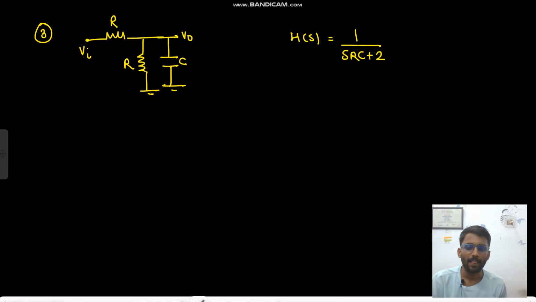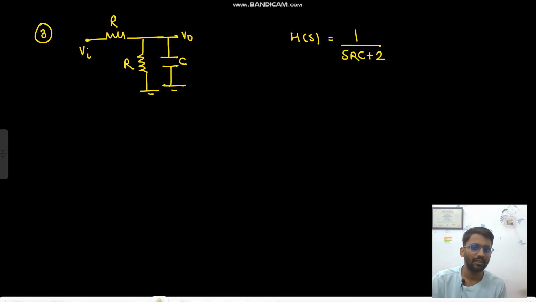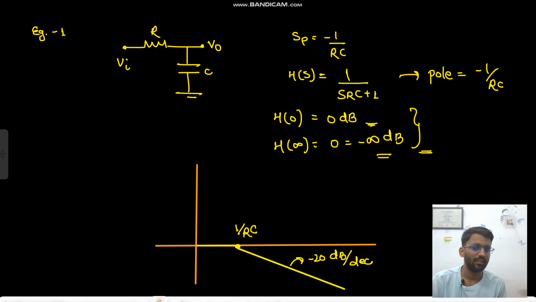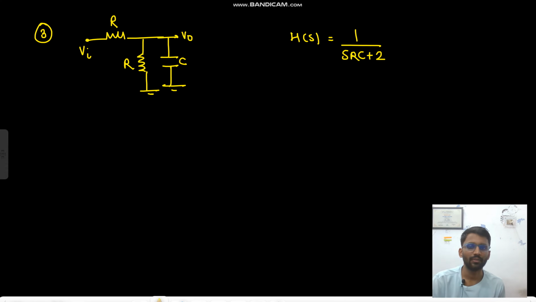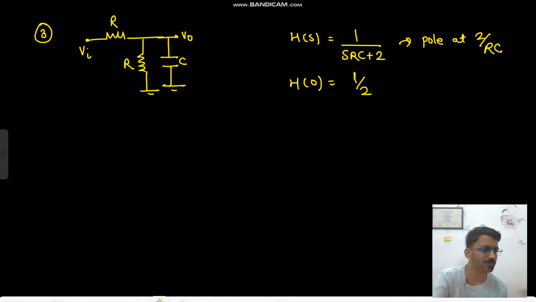Okay, now this graph will be the same as this graph, because just the pole will be at 2 by RC. All the graph will be the same. So how will you think it from initial? Pole at 2 by RC. h of 0 is 1 by 2.